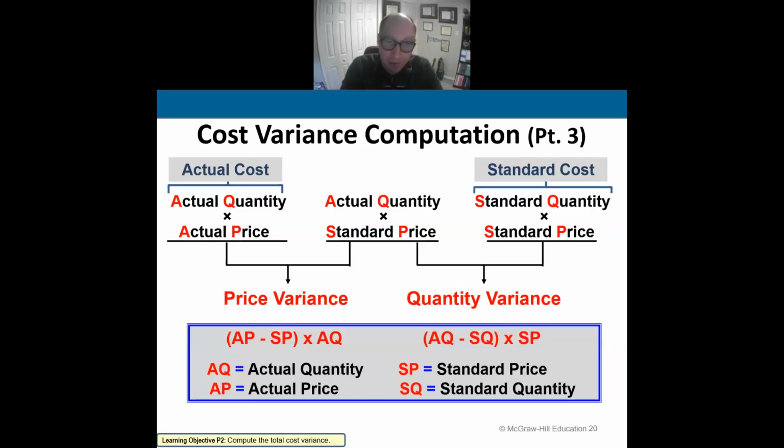So the actual price minus the standard price, and then you first find that, then multiply that by the actual quantity. That'll get you your price variance. Then we find the quantity variance. Actual quantity minus the standard quantity, and then we multiply that by the standard price. That'll get you your quantity variance.